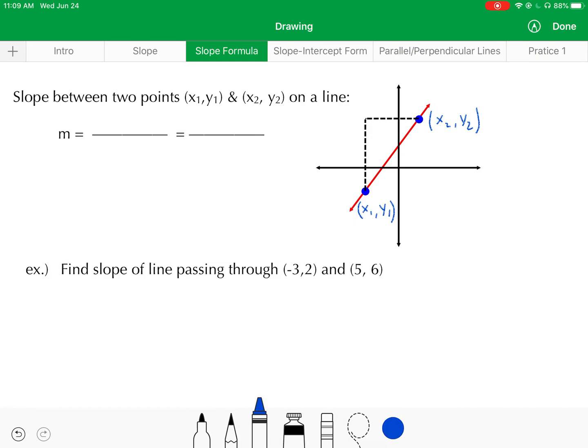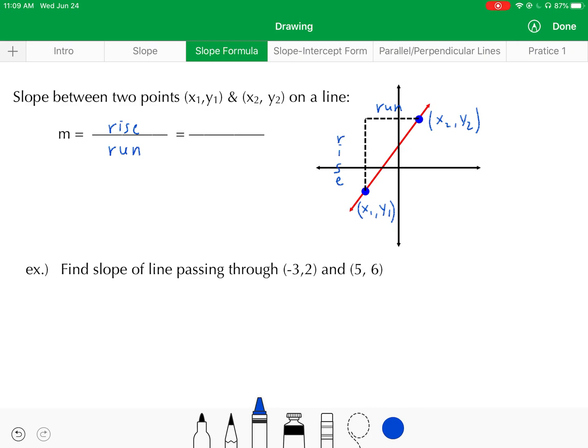Okay. And we saw in that illustration that the slope is always a measurement of the rise over the run. So rise is the vertical change, run is the horizontal change, right? So in my picture, the vertical change is right here, the rise, and then here's your run.